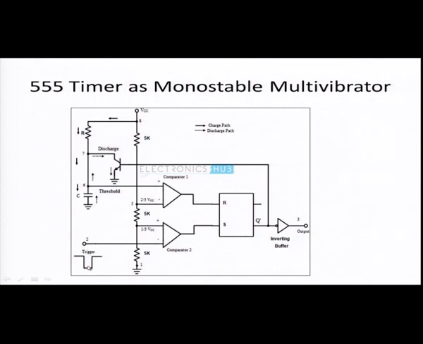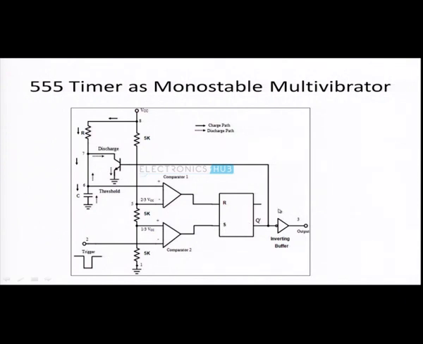Assume that we are giving a trigger pulse to the lower comparator, and one of the inputs is the 1/3 VCC. The DC level of this trigger has to be higher than the threshold voltage 1/3 VCC. During the negative going of the trigger, when it crosses this 1/3 VCC, the output of the lower comparator will be high and sets the flip flop.